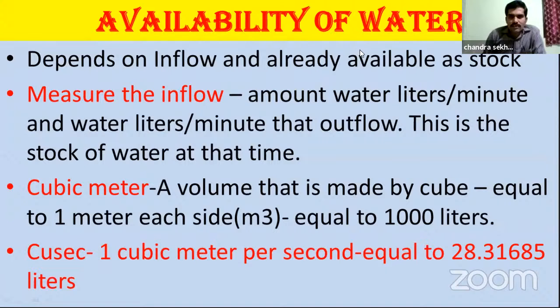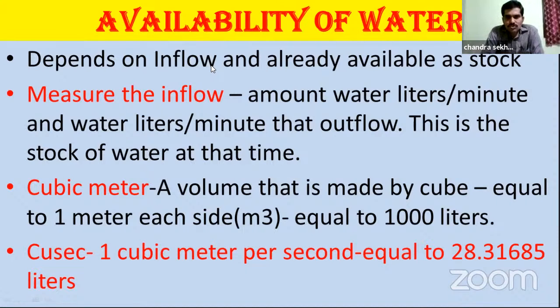So, availability of water. Now we discussed inflow and outflow, and because of rainfall we have two flows, surface flow and groundwater. So for water purposes, where we are getting water depends on inflow and outflow: the water which is coming into your village, and the water already available in your village.